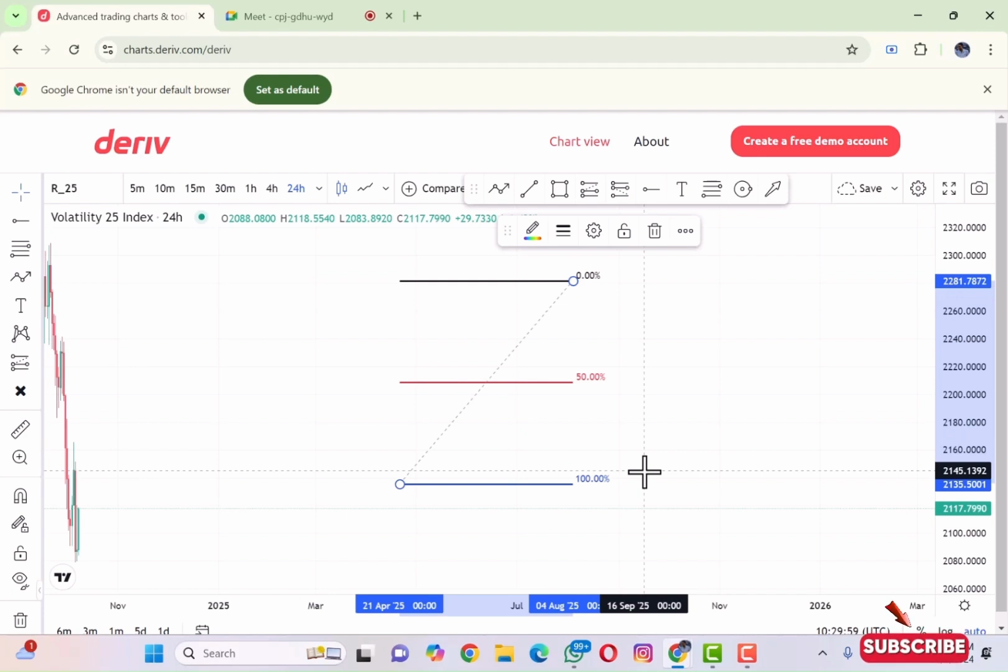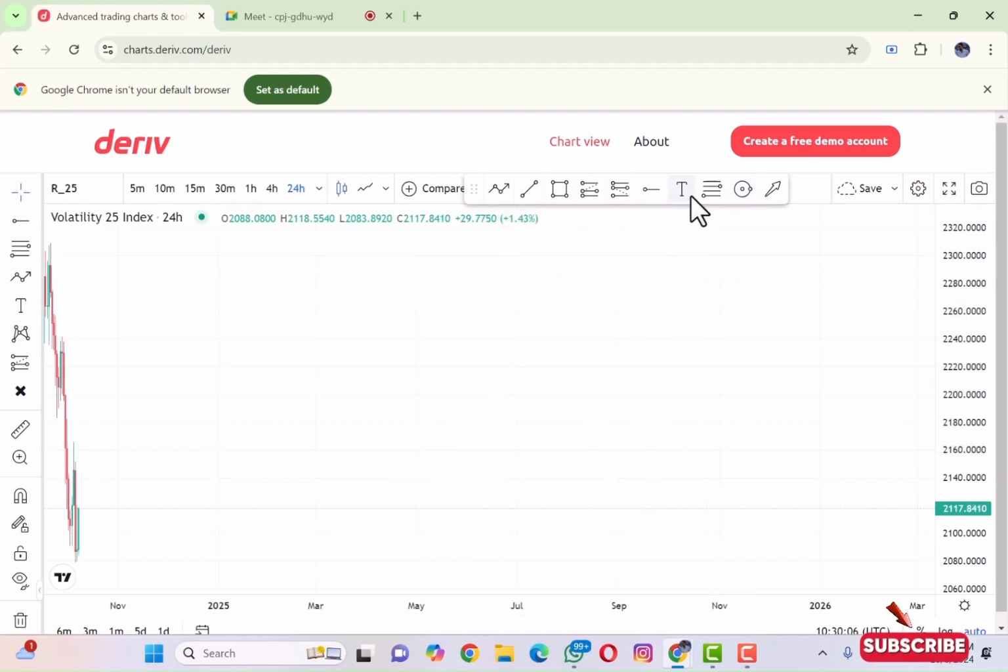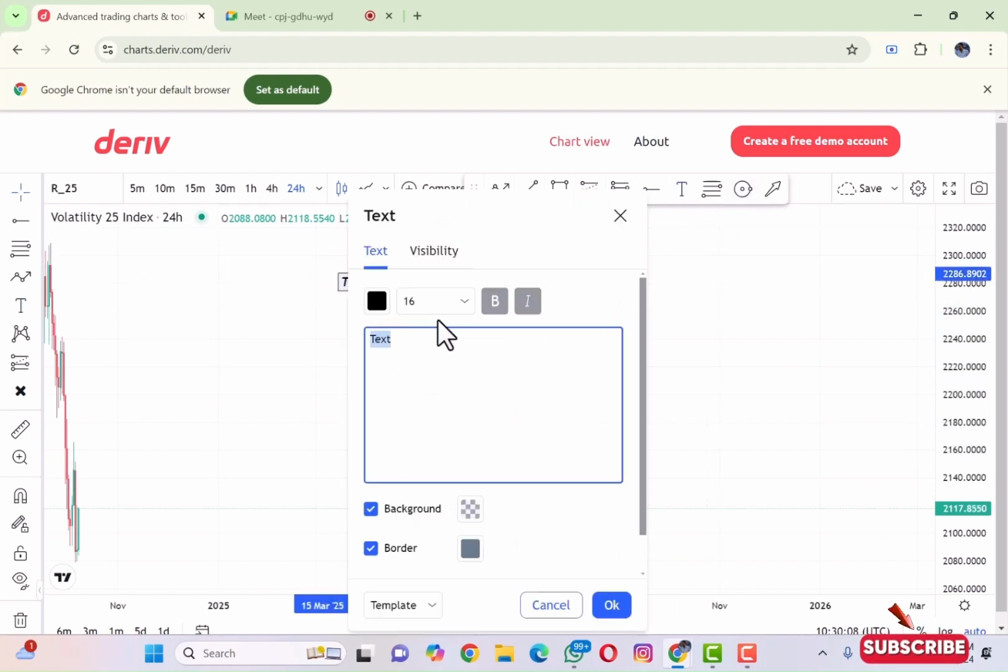Now we are going to step further to look at POIs, and POIs and entry. These are the things we are going to look at.